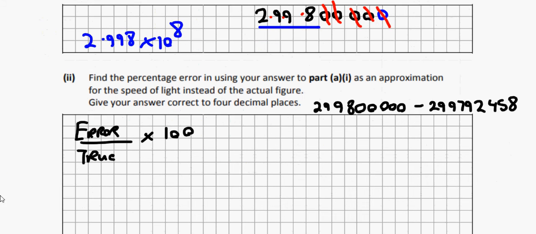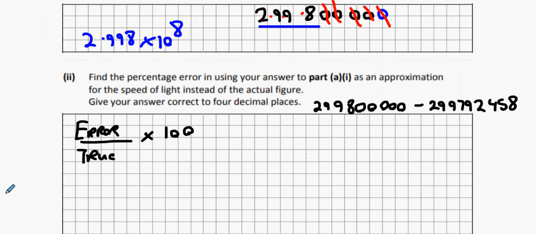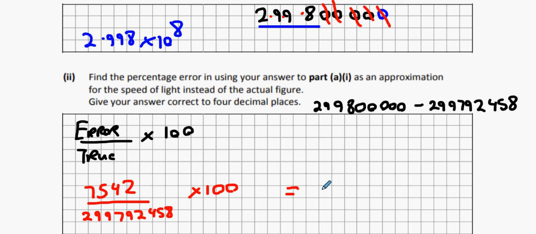Okay. That's if your calculator failed you. Now, next thing we got to do is your error. The true percentage error is error divided by true value multiplied by 100. Now the error is the two numbers take away from each other, and that will get you an error of 7,542. The true value is 299,792,458, and you multiply that by 100, and you get an answer of 0.002515.